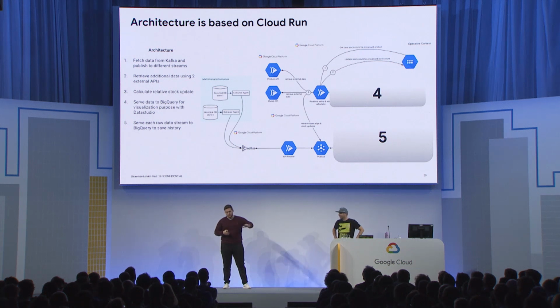We're not only fetching the data from the Kafka cluster, but also from the two APIs, calculating some stuff, and storing some temp information within Data Store, and then finally passing the data to BigQuery, so that Data Studio can fetch that data from BigQuery in real time. This is the core of our real-time analytics, real-time dashboarding use case.